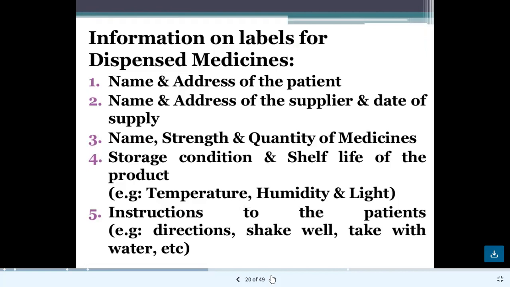Information on the label for dispensed medicine. Name and address of the patient. Name and address of the supplier and the date of supply. Name, strength, and quantity of medicine.